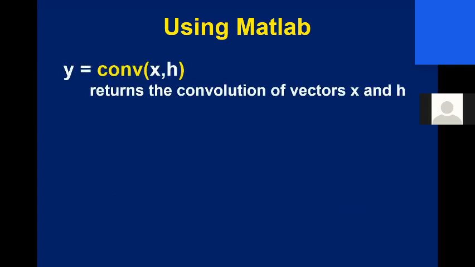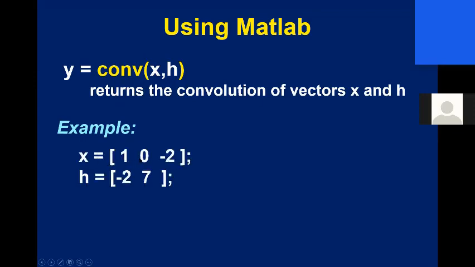If you want to compute it numerically with MATLAB, well, it turns out MATLAB does have a convolution function. It's a CONV function where we give it two array names separated by commas, and it will give us the sample values of the convolution result between those two vectors. So for example, if we did the one that we did in the previous table example, x was 1, 0, -2, and h was -2, 7.